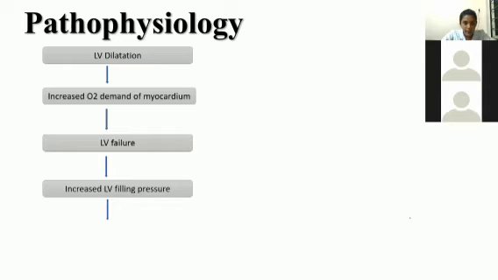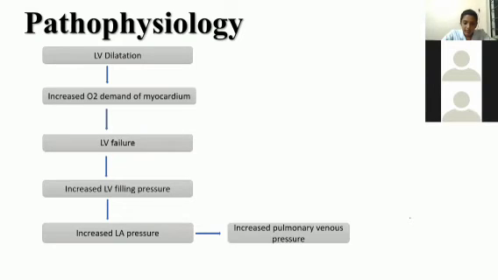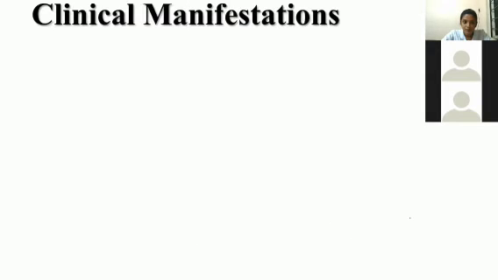When the blood is filling inside the left ventricle, the pressure will be increased. Then increased left atrial pressure leads to the same pathophysiology as before. It will cause increased pulmonary venous pressure and finally pulmonary artery hypertension. Finally, like before, it can cause right ventricular failure also. It can cycle like that. So in this way, the pathophysiology will be.